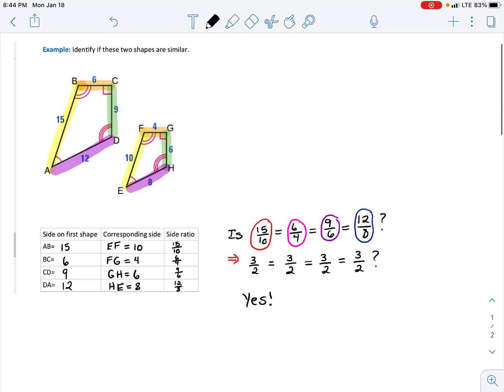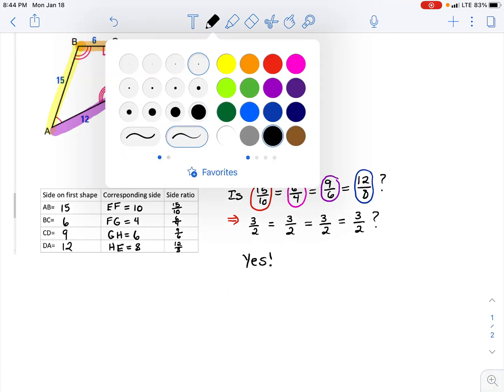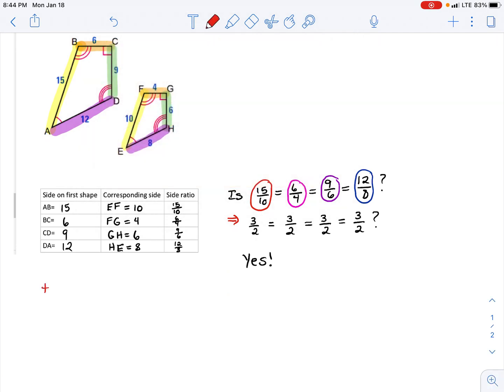So here, I'm just going to say that since the side ratios are the same, then the two shapes are similar.